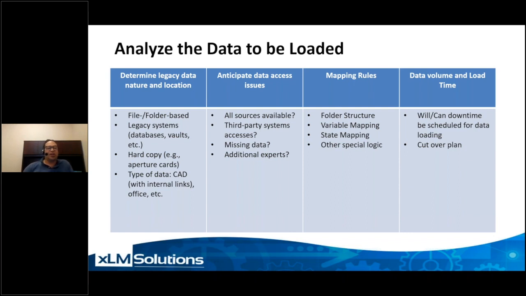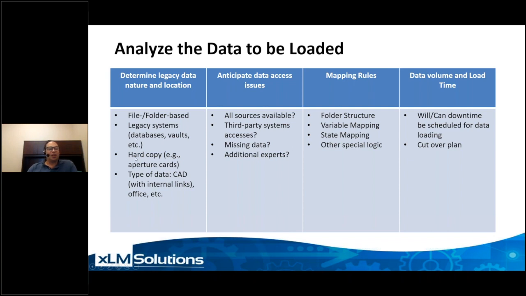The first is understanding the legacy data. Is it going to be file and folder based? Does it exist on a file system? Or is it contained in some type of legacy PDM or PLM system? Usually the legacy systems will have a database behind them and some type of file vault or store. Sometimes we're dealing with hard copies that may be scanned.